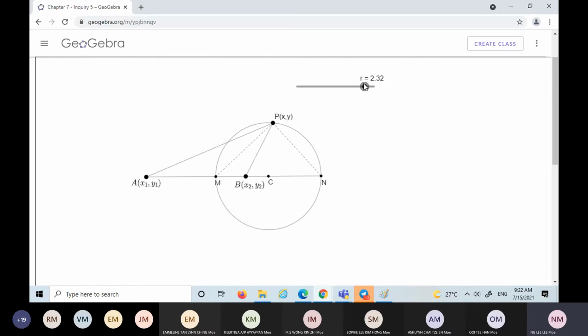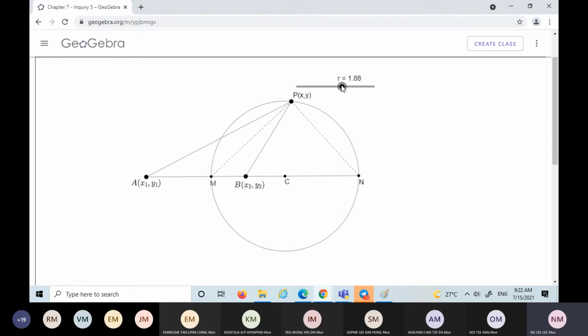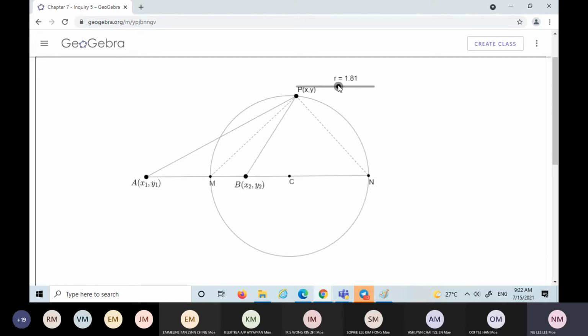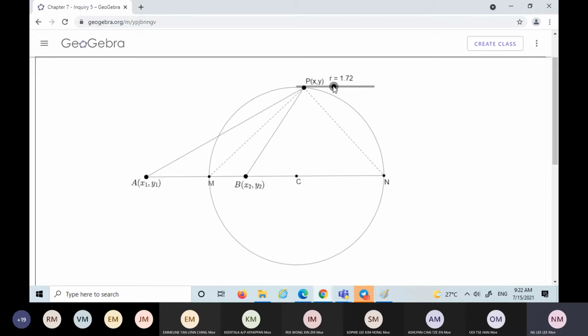When the ratio becomes bigger, you will see that the circle becomes smaller, but it's still a circle. Now I come back to 2. When the ratio becomes smaller and smaller, the circle becomes bigger. One more thing I want to show you is when the ratio becomes 1, what will happen?